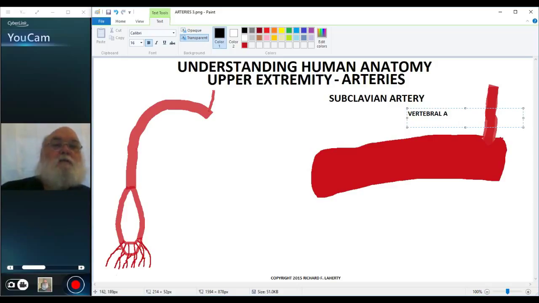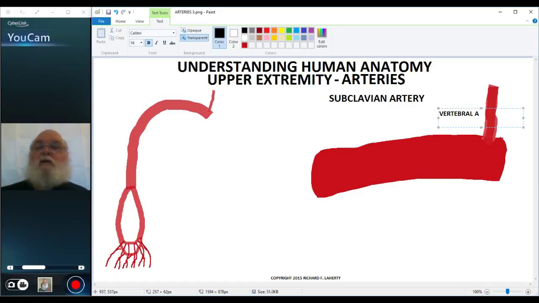The vertebral artery passes into the neck, goes all the way back to the vertebral column, and then it's the artery that ascends through the foramina in the transverse processes of the cervical vertebra.